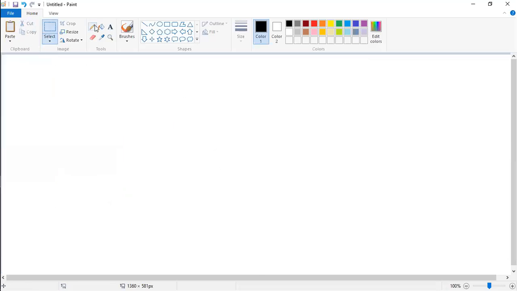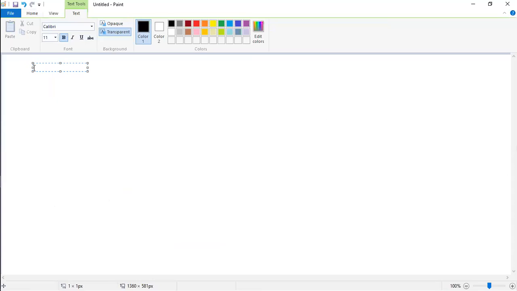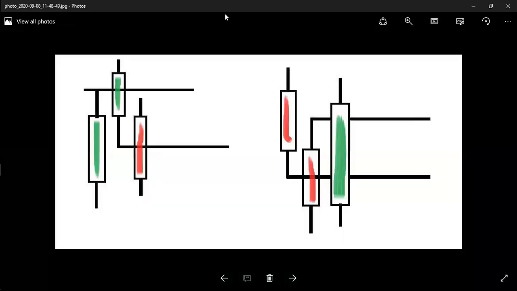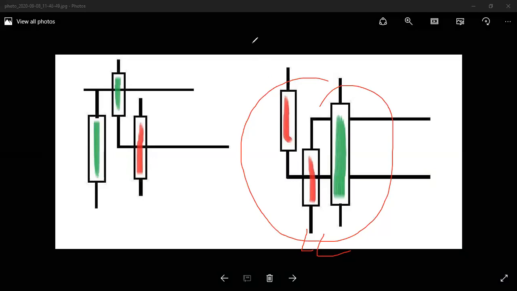Right? And then for the downtrend, we make lower lows and lower highs. So in a downtrend, we make a lower low. What is a lower low? It is this one. That's a lower low.